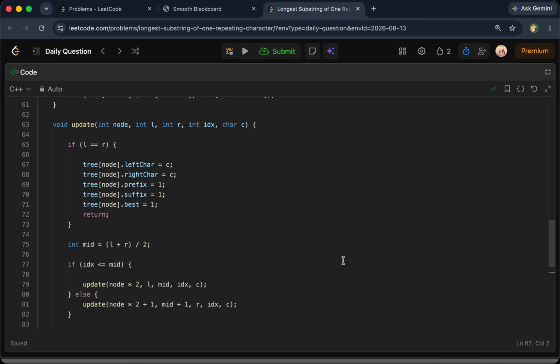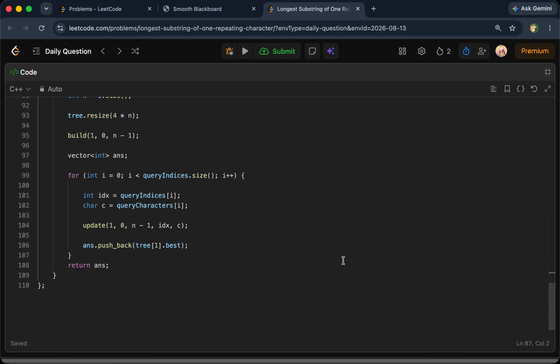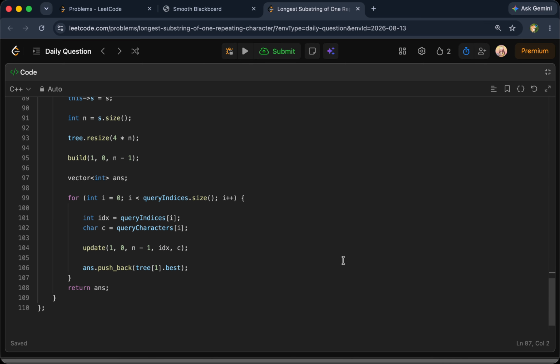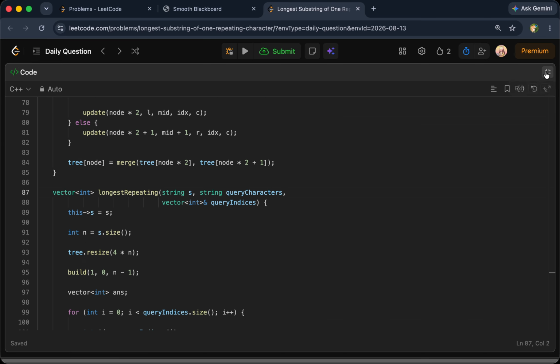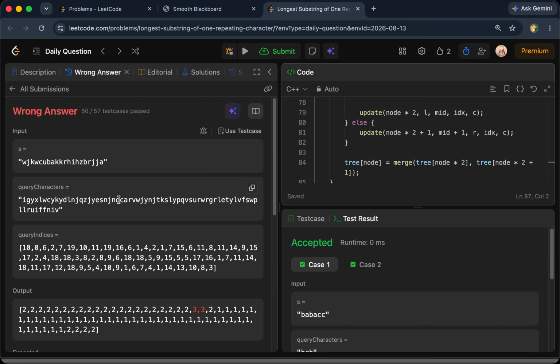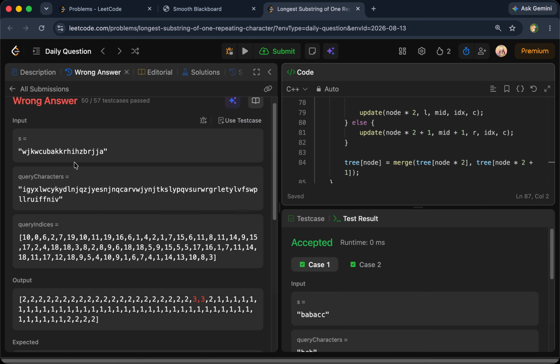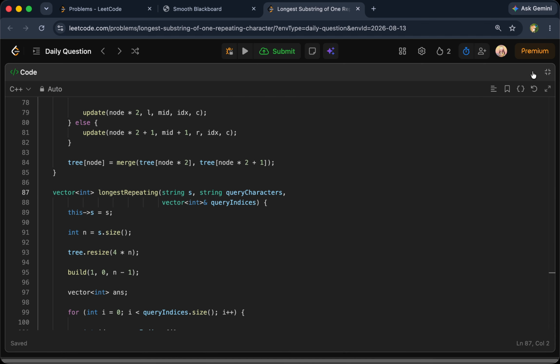I am checking what is wrong. So a test case, which test case? Let's check.